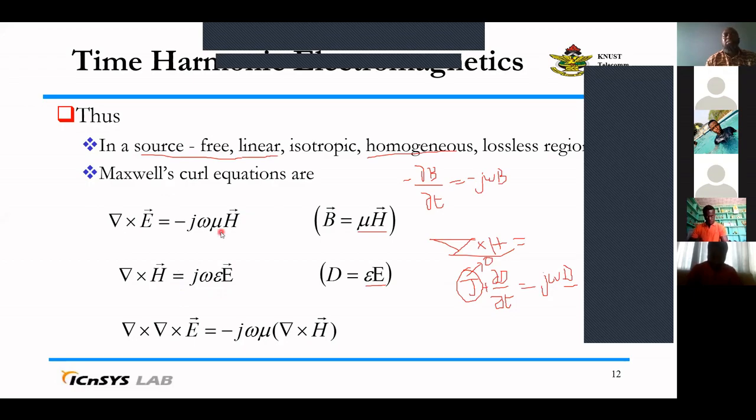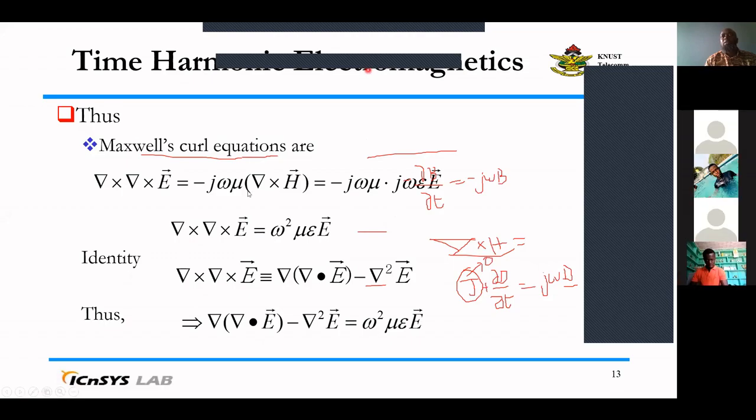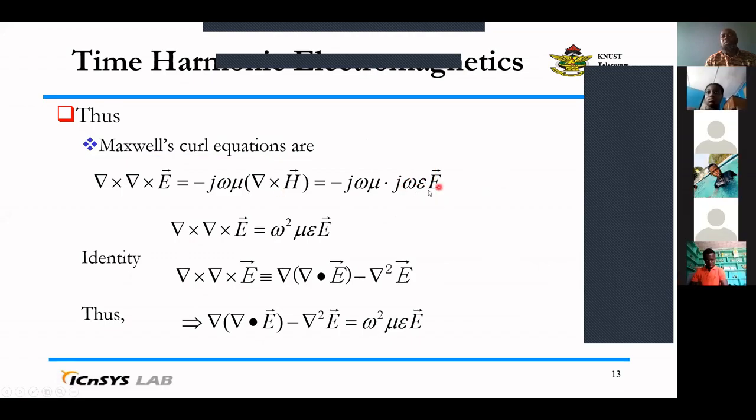Now we can take a second curl of this first equation. If we take a second curl, curl of curl of E equals -jωμ times curl of H. But this curl of H, we already have here: curl of H equals jωεE. So instead of curl of H, we substitute jωεE.